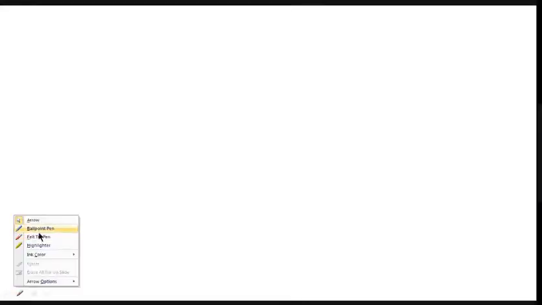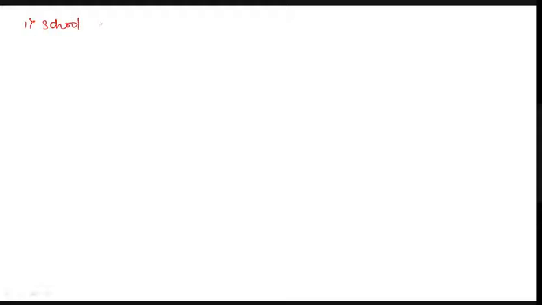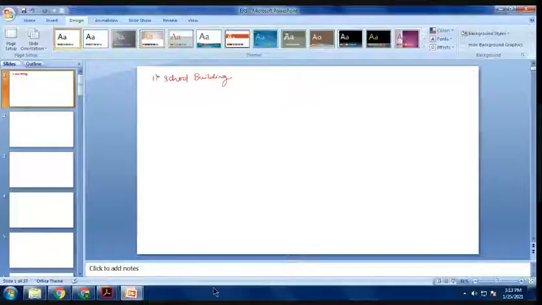So we will take one numerical, and the problem is like this: the plan and elevation of a three-story school building. See, this is that school building. I will directly show it.